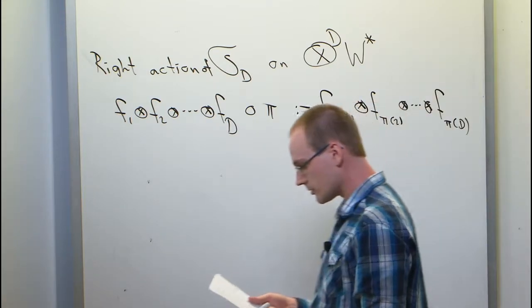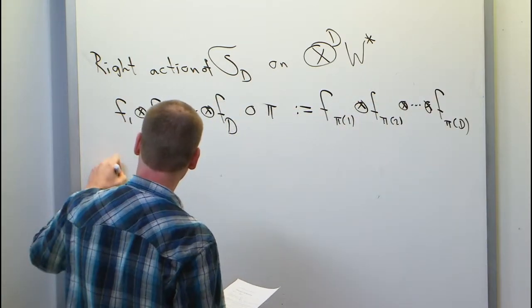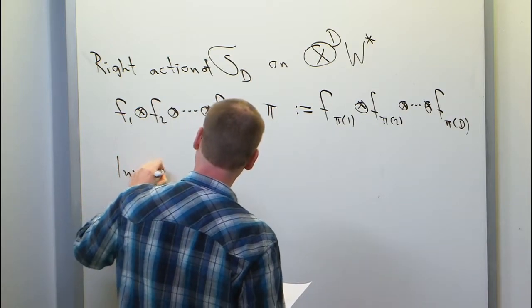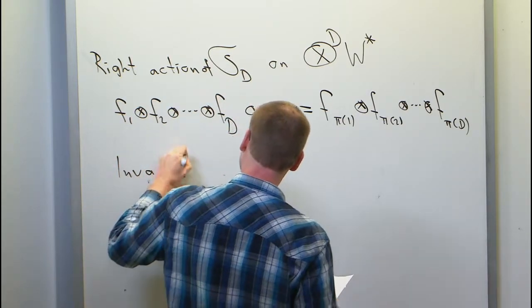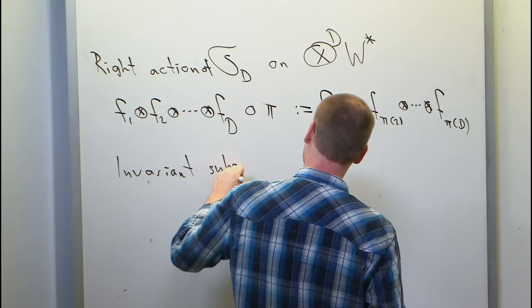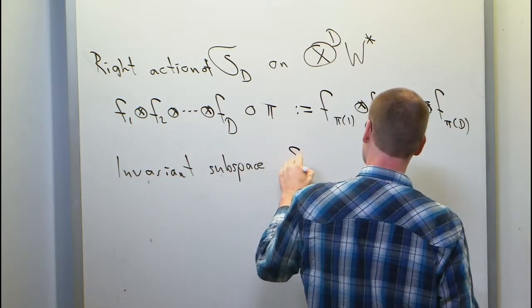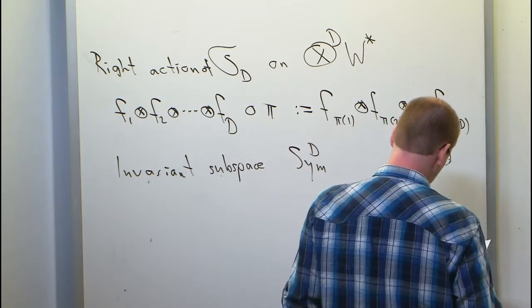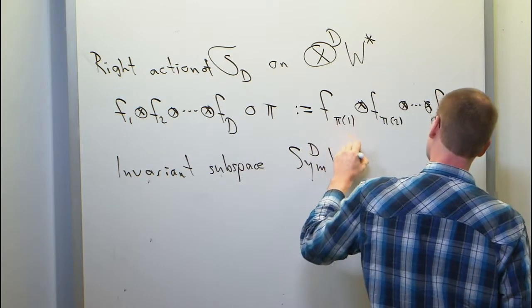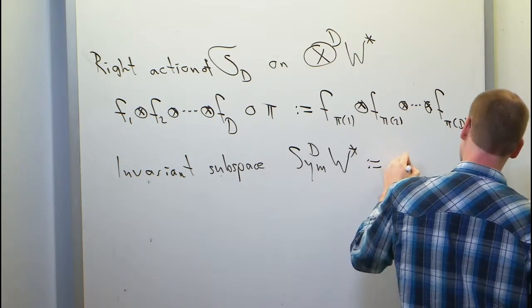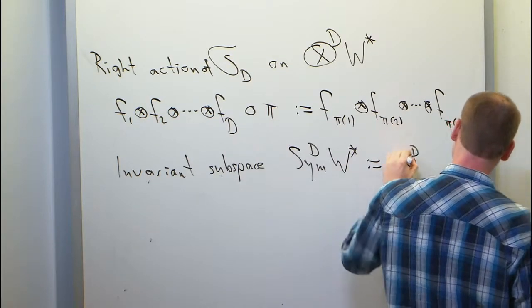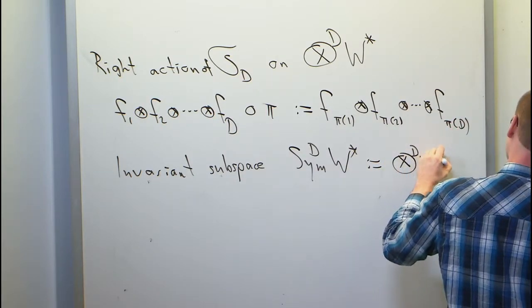And there's an invariant subspace that we are interested in, which are the polynomials, basically. It's called Sym^d W star, which is the subspace of invariants.